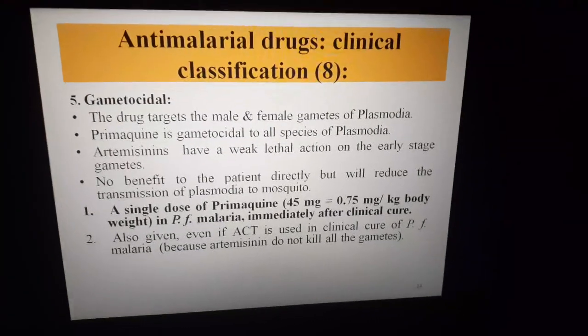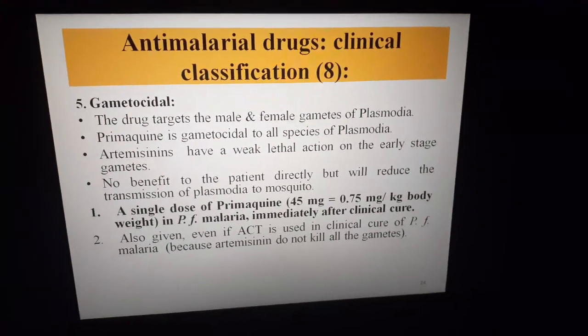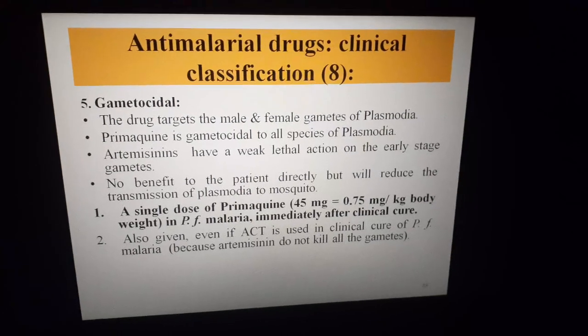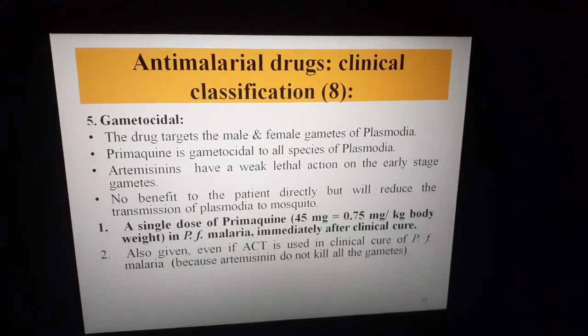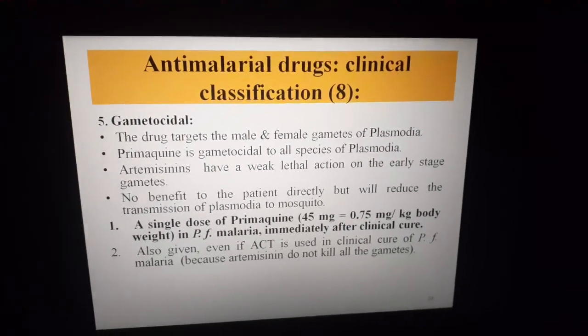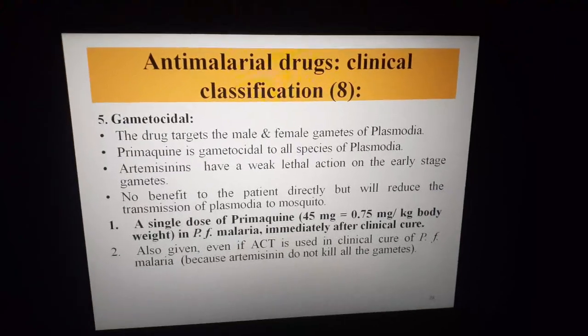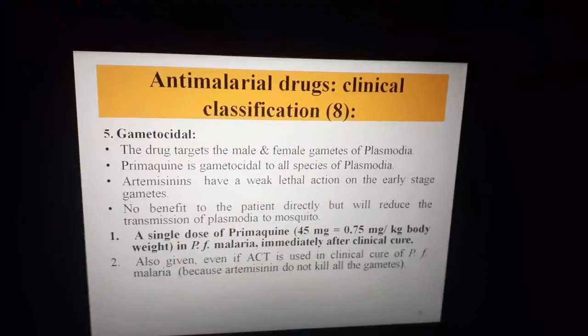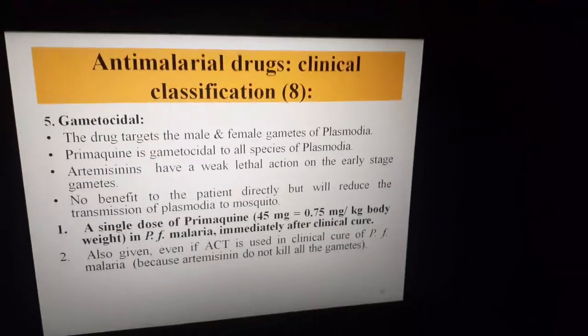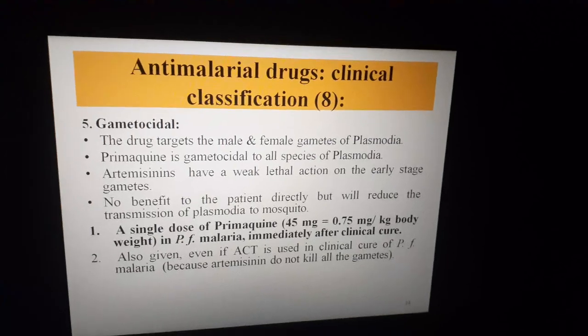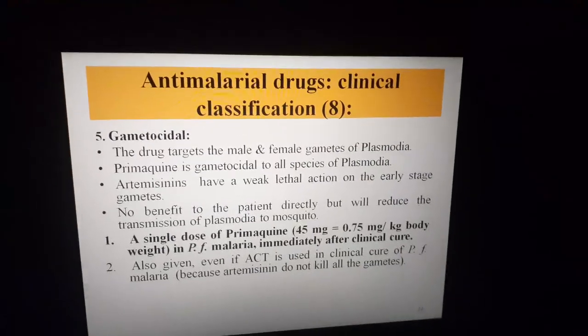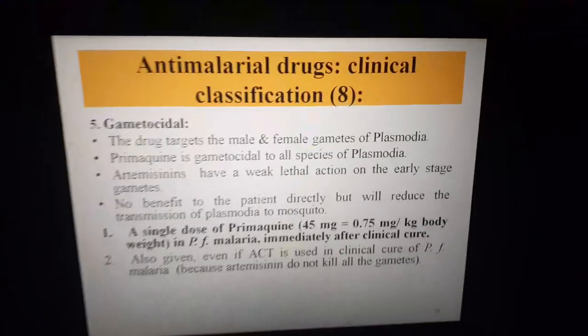Then gametocidal agents: these drugs prevent the transmission of Plasmodium stages from human to mosquito. In case of Plasmodium vivax and ovale, the radical curative primaquine covers the gametocidal transmission to the mosquito also.